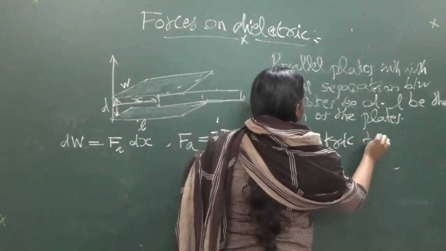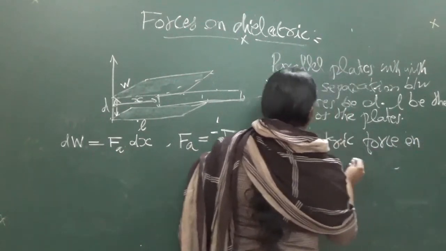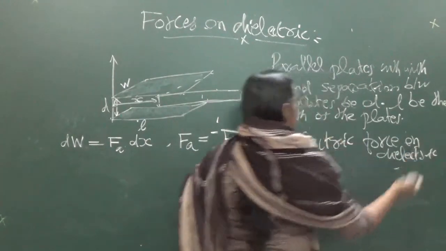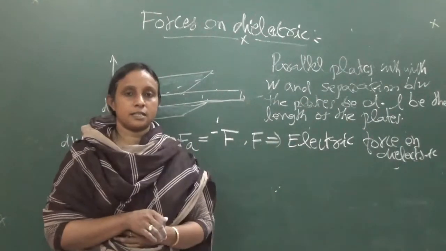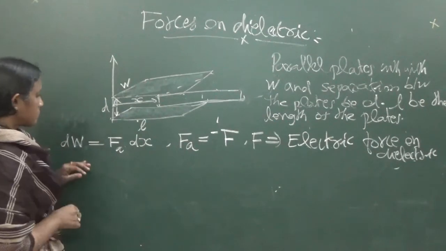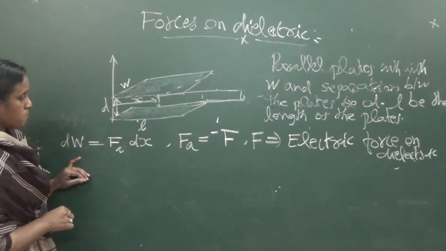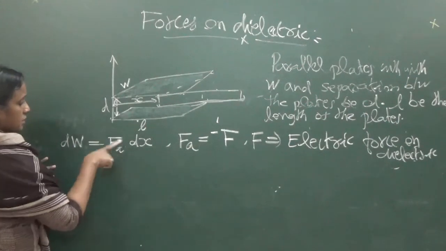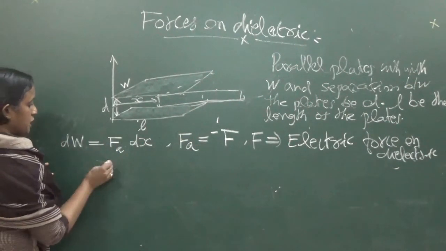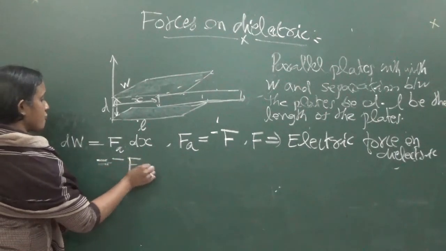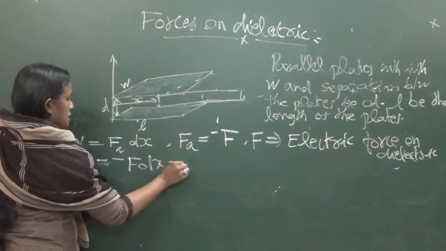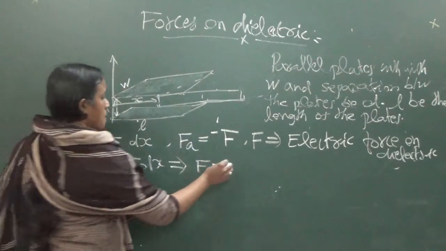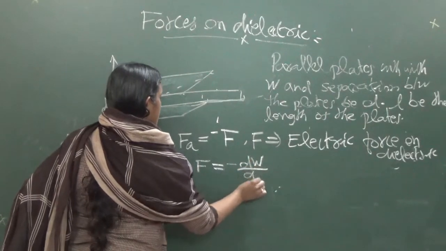So dW equals minus F dx, or this implies that the electric force on the dielectric F is equal to minus dW by dx.